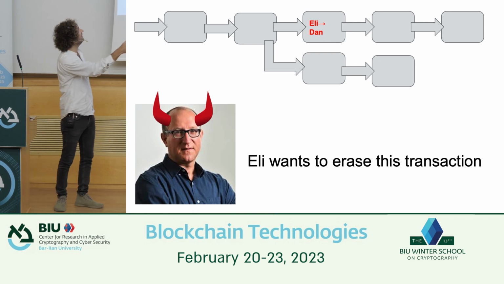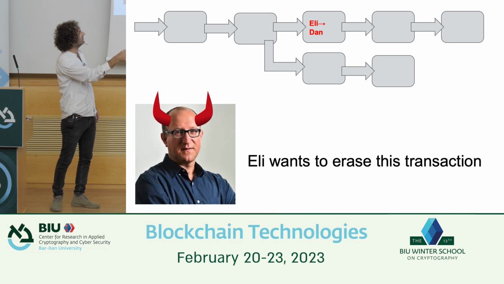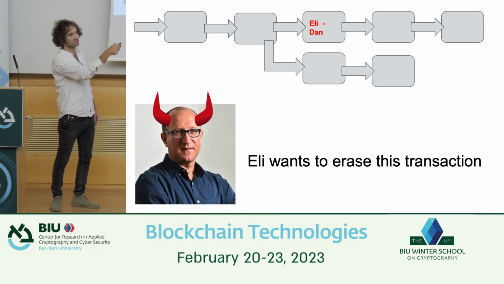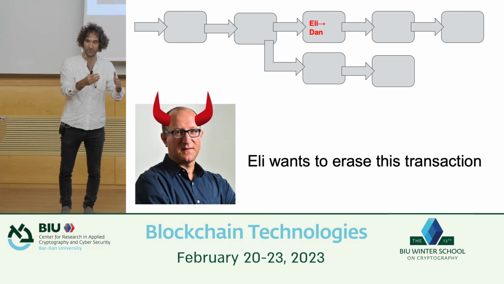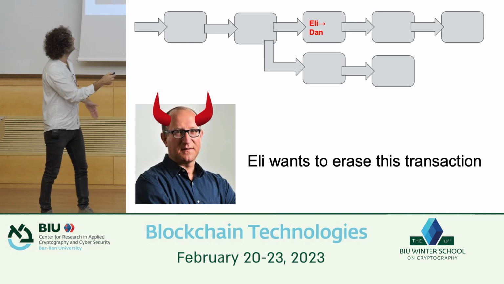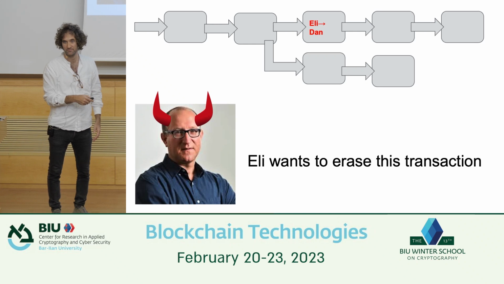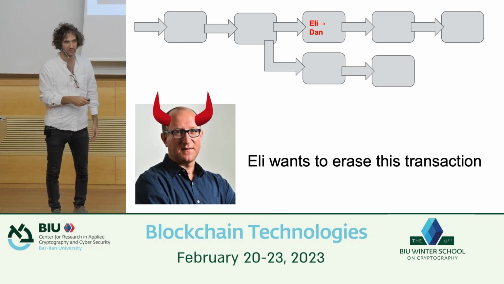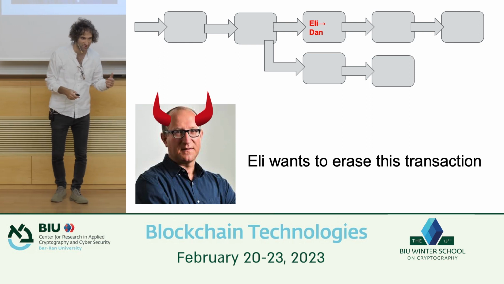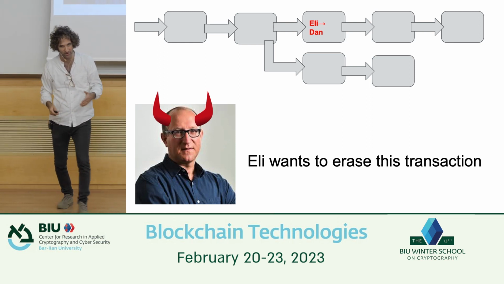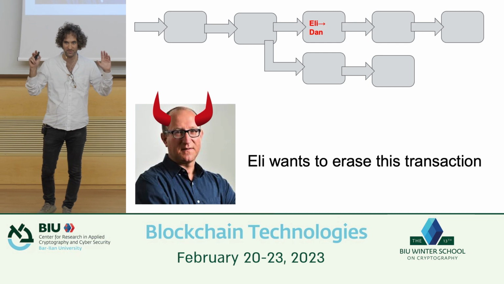Note that if Ellie manages to get a chain that's longer, that doesn't contain this transaction, it just tries to mine something longer, at that point, when it becomes longer, everybody's going to go for that. And then what happened here is going to be gone. So in order to break this system, it suffices to find a chain that's longer than a real chain, whatever a real chain means here.